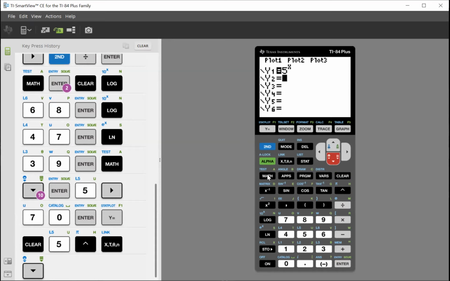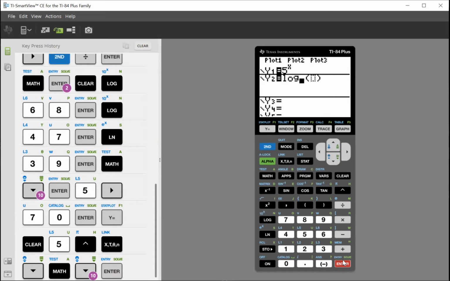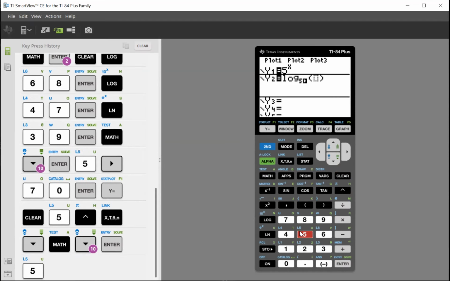So I'm going to hit math, go down and get my log base, hit enter, put in my 5 for the base, and then my x. Now remember, these log graphs didn't cross to the left of the y-axis. They just sort of went uphill to the right. So watch as the calculator graphs these two.